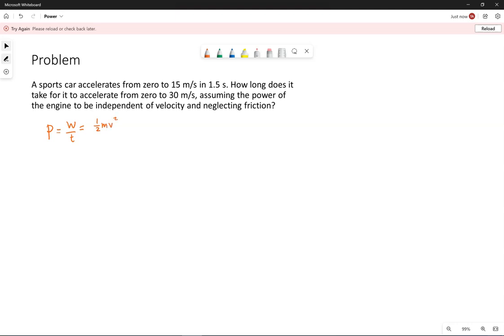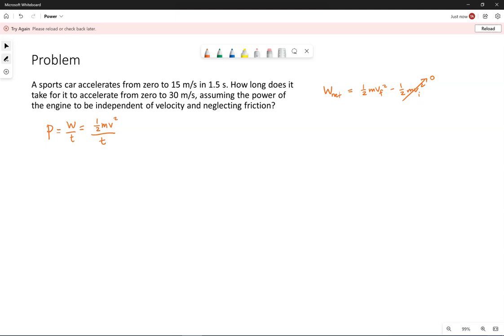So I'm essentially using the net work being 1/2 mv final squared minus 1/2 mv initial squared. But this car is starting at 0. So that net work is giving the car that kinetic energy in that amount of time.